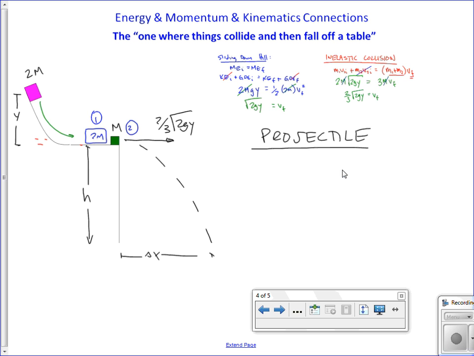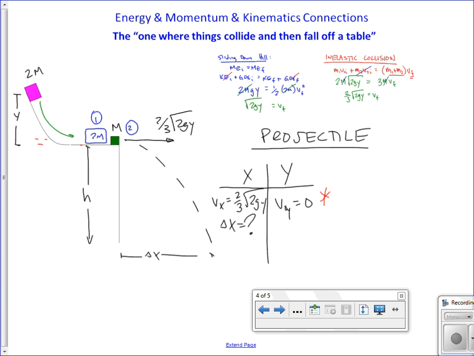Okay. Well, going back a few weeks, here's how we handle these. That's an x velocity. Here's the kicker, the big one. The initial vertical velocity of this projectile is nothing. We want to know what delta x is.